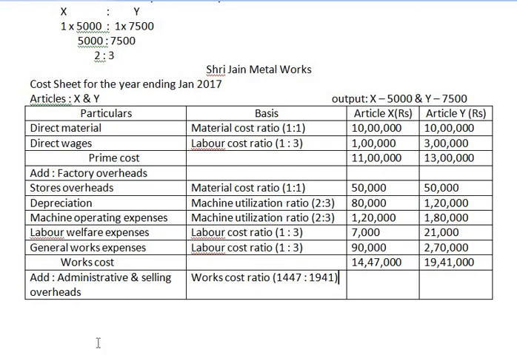Okay, yes. Now selling and distribution overheads amount is how much? It is 8,47,000. So 8,47,000 should be distributed in this ratio. Okay, yes.